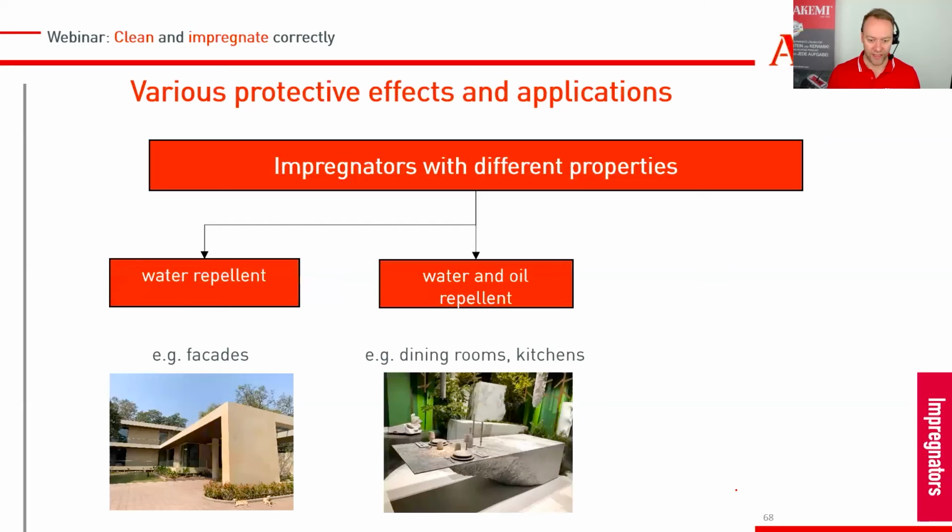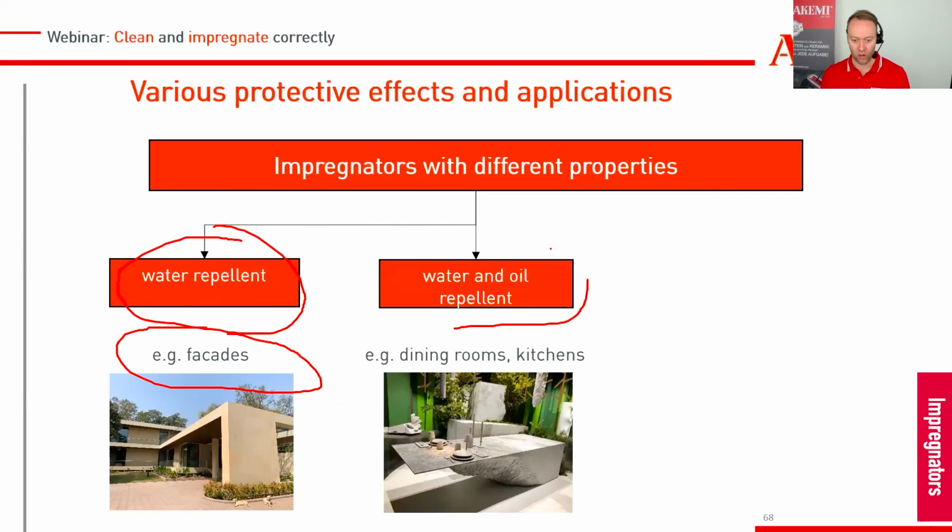Then we have 3 different types of impregnations: water repellent products, hydrophobic products, usually used on facades where there's no other protection needed than against water and dirt. Then we have water and oil repellent or foodstuff repellent impregnators, usually used in dining rooms, kitchens, countertops, tables, restaurants.